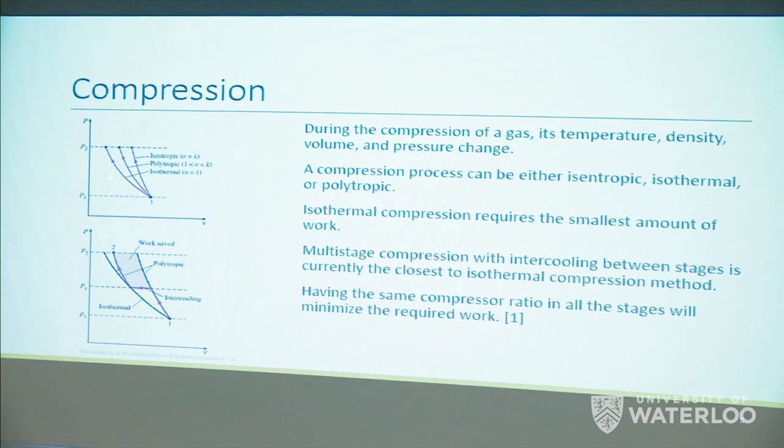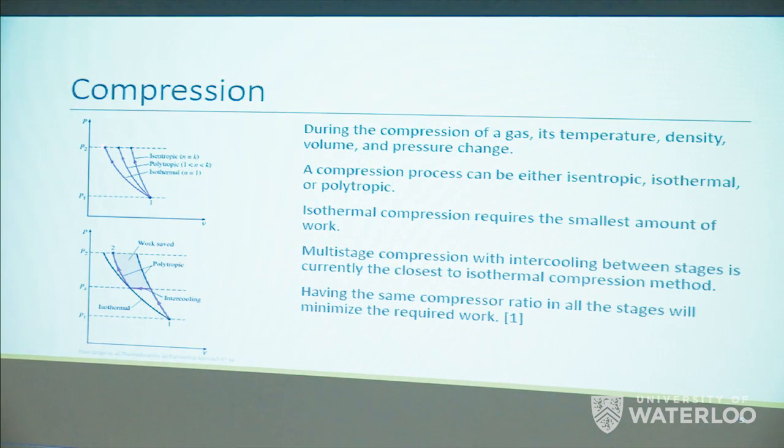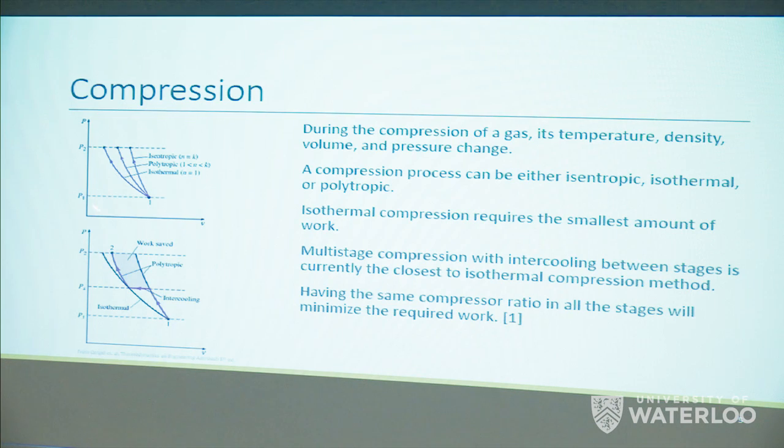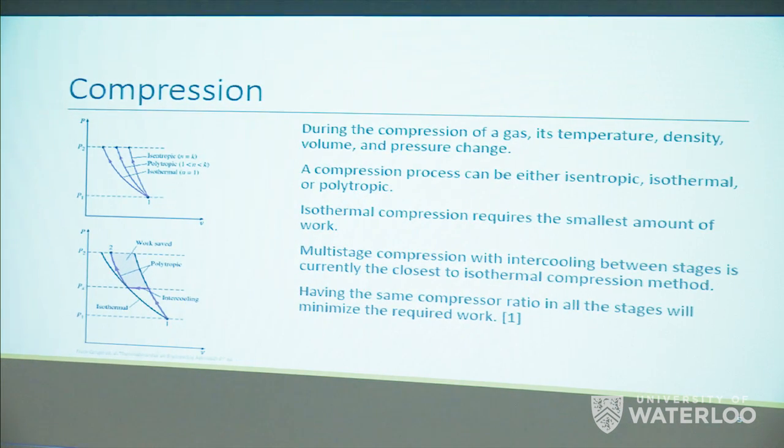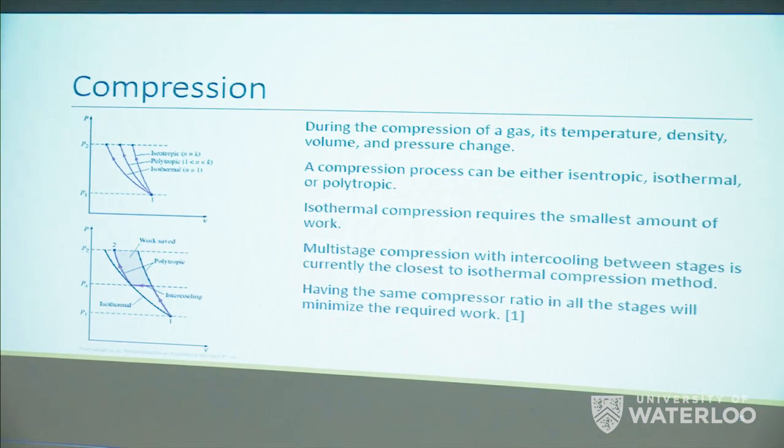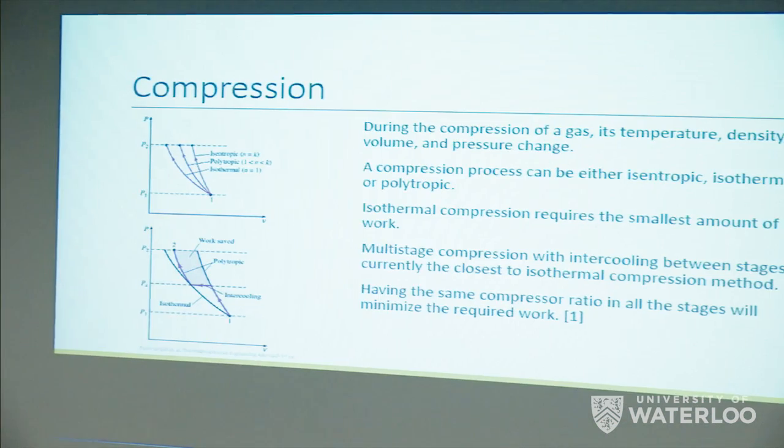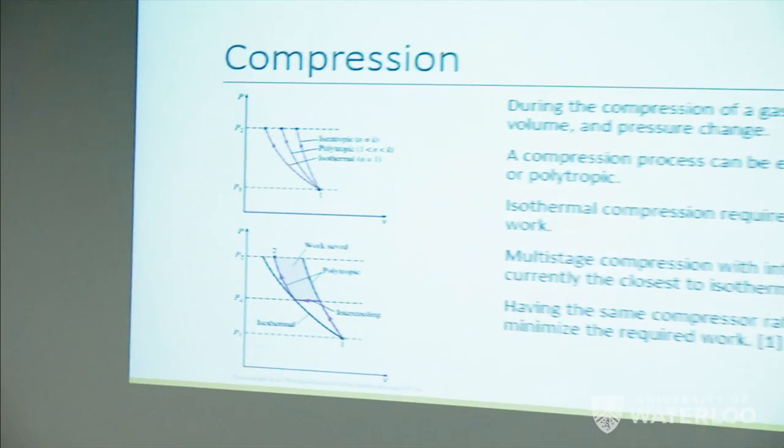So as you can see here, the isothermal one is the one with the smallest area, which means the smallest input work to the system. When you're running a CAES system and you don't have a constant power input, you have a variable power input for any reason, what will happen is that it will affect your mass flow rate into the system.